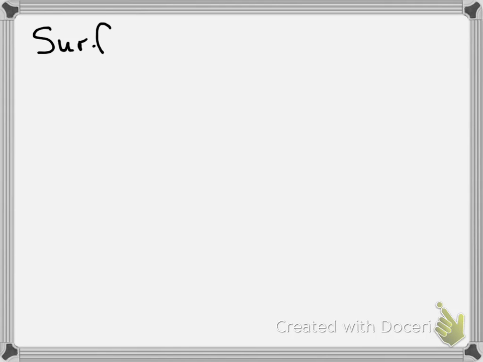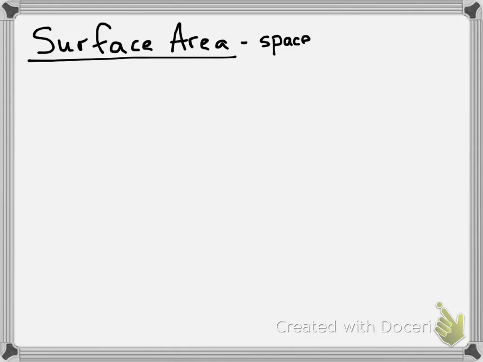Okay, so today we're going to be doing surface area. First, surface area is just the amount of space on the outside of an object. So it's how much space is on the sides of it.